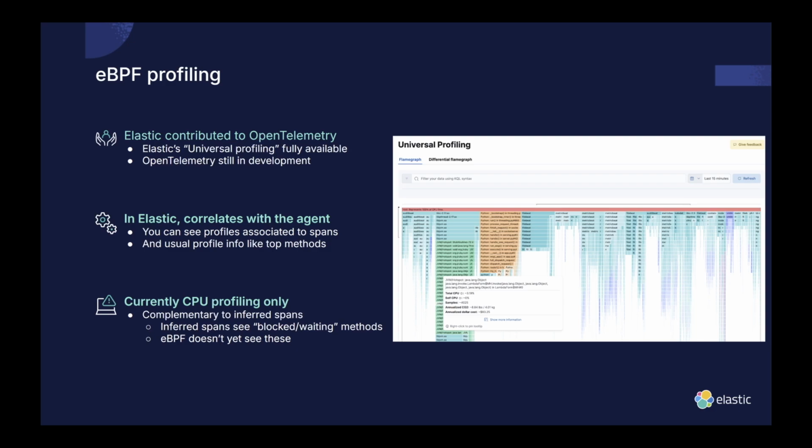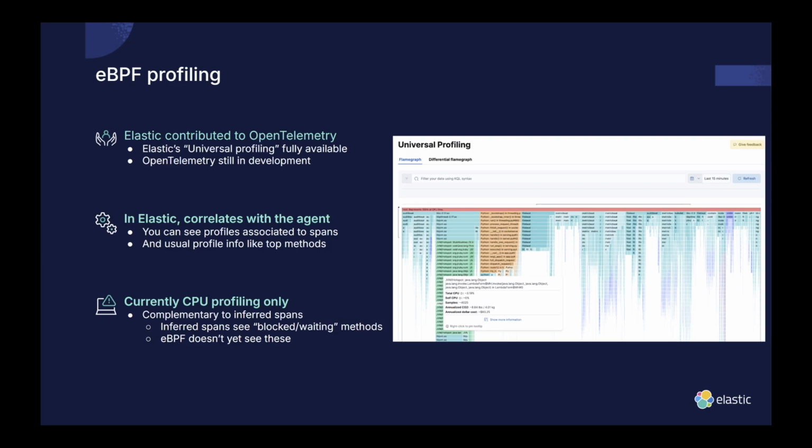We contributed the whole of that to OpenTelemetry, but of course ours is production capable already and has been for a while. The OpenTelemetry one is taking them a bit of time to develop, so it's not really production ready. Right now you can use it with Elastic. It will probably take about a year before it's production ready in plain OpenTelemetry.